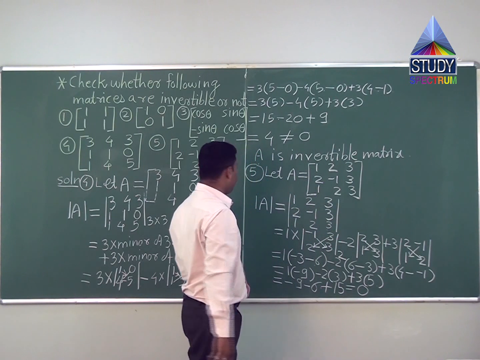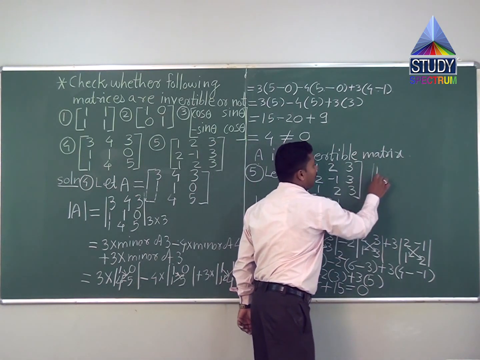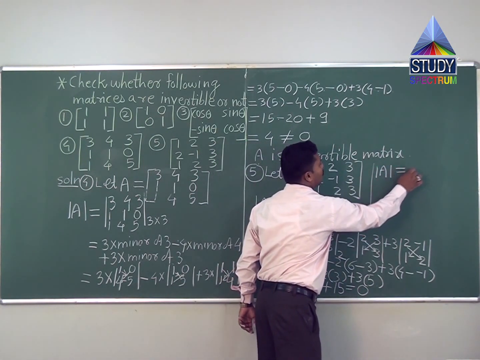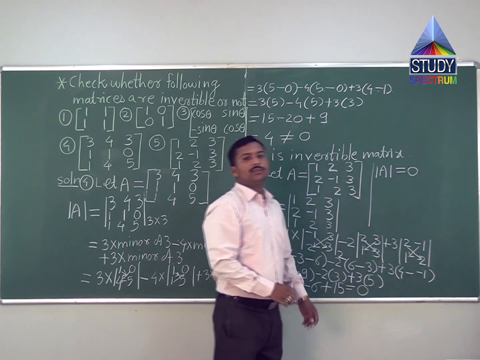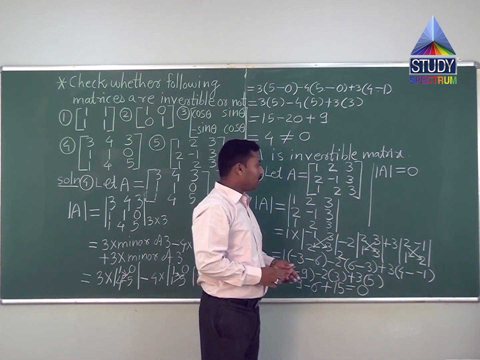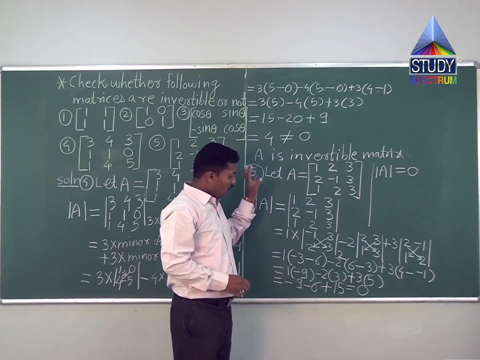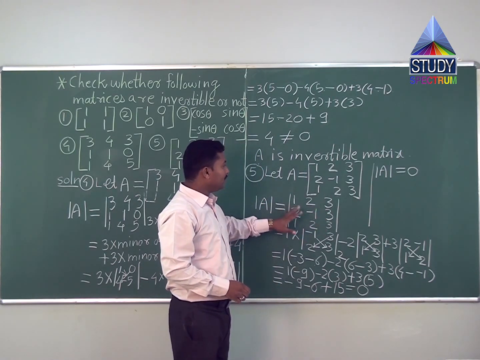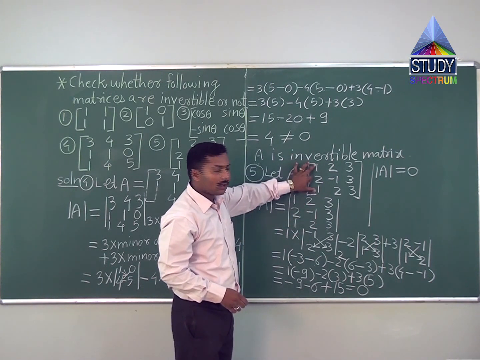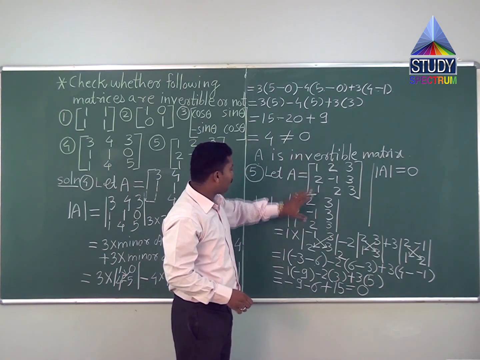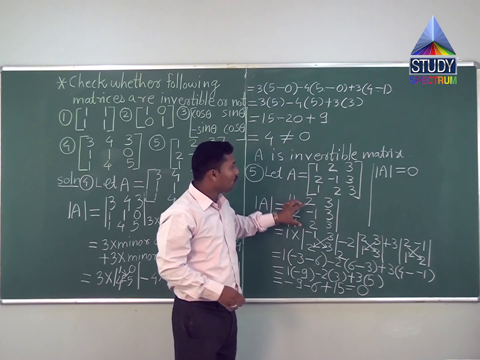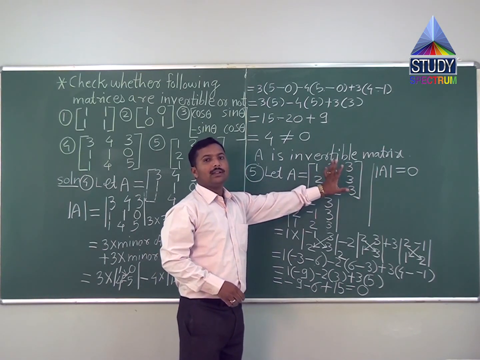So the determinant of this matrix equals 0, and therefore this matrix is not invertible. You can directly write determinant A equals 0, since these two rows are equal, and therefore determinant of A equals 0.